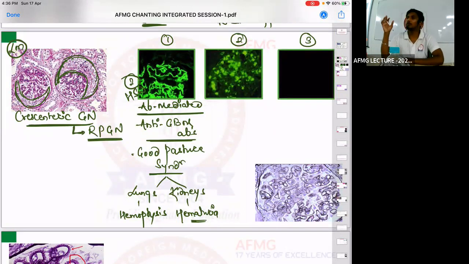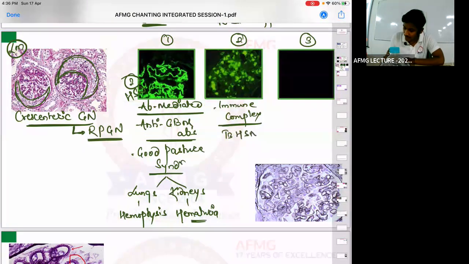Next, if I talk about type 2 RPGN, guys, it is actually immune complex mediated. So which type of hypersensitivity will it be? Type 3 hypersensitivity.